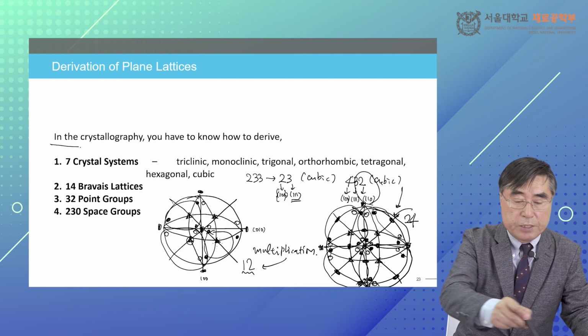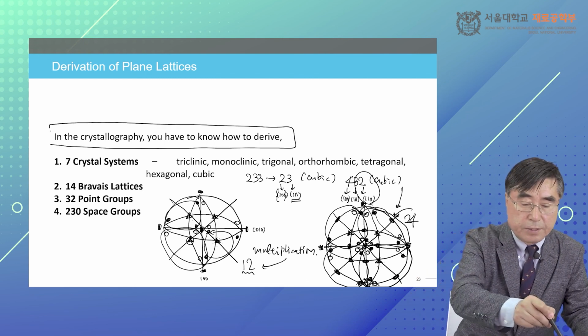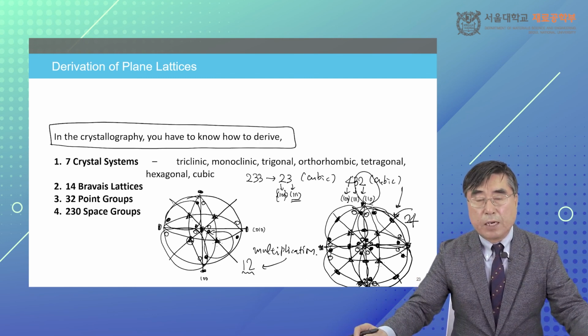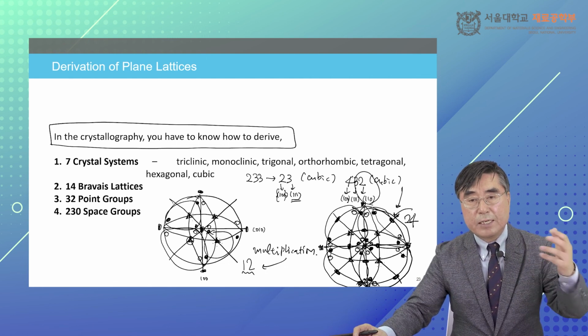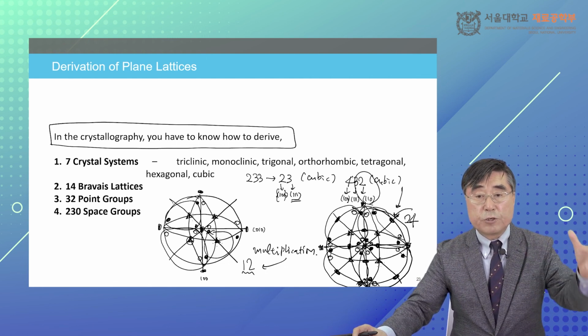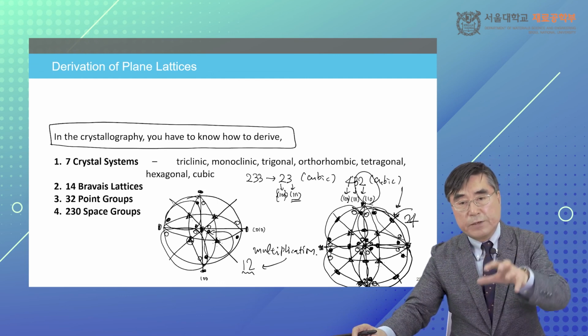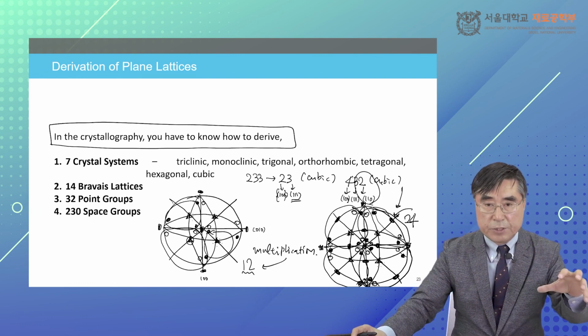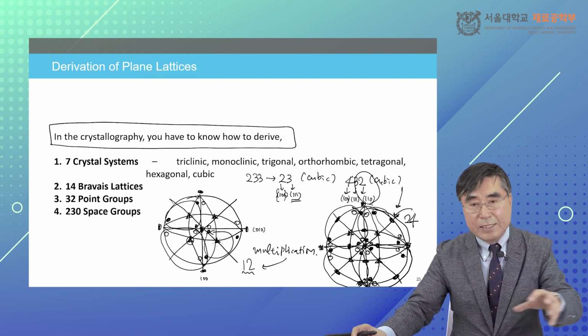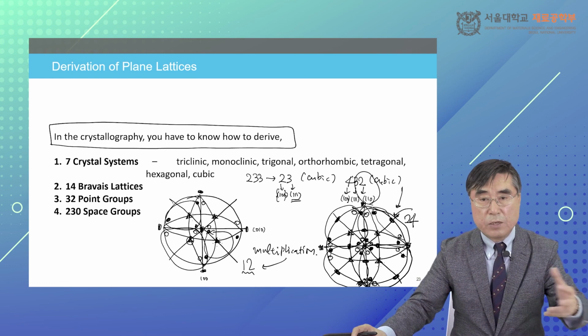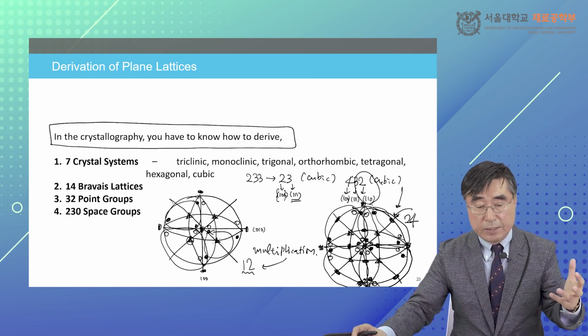Now, based on these symmetry elements, we try to systematically derive the crystal structures in the sense of having these lattice point arrangements. So repetitiveness and symmetry are basic ingredients to generate all these crystallographic elements.